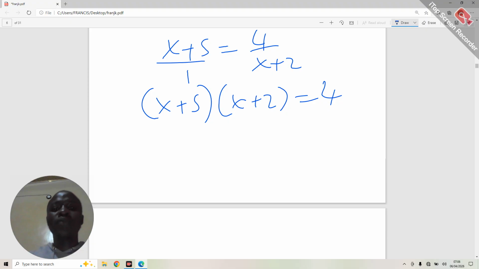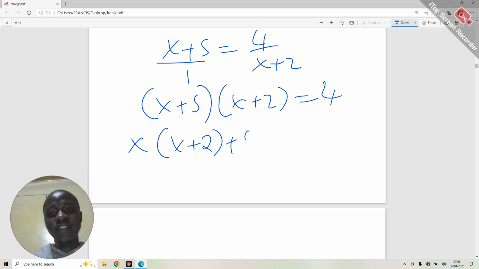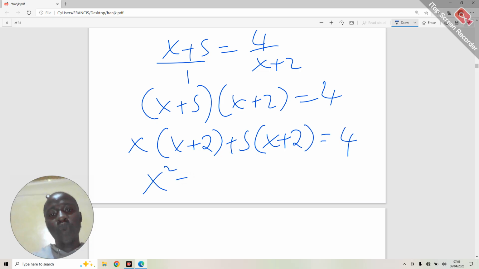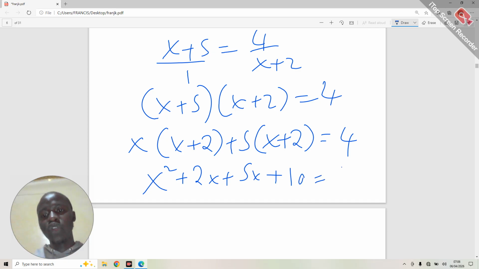So how do I multiply this? We have x into x plus 2 plus 5 into x plus 2 is equal to 4. So we have x squared plus 2x plus 5x, this is something like a quadratic, plus 10 is equal to 4.